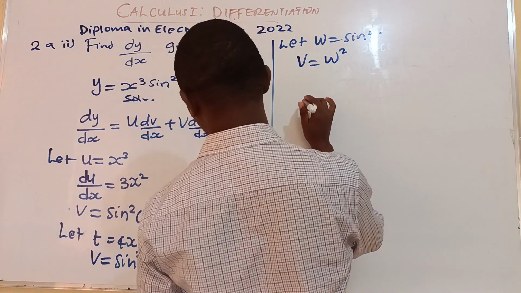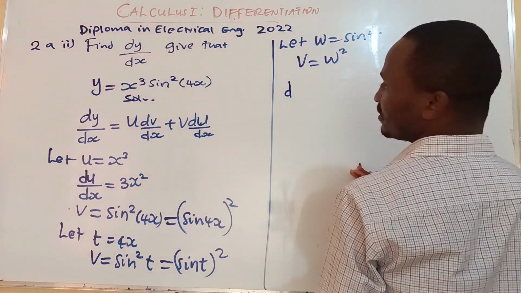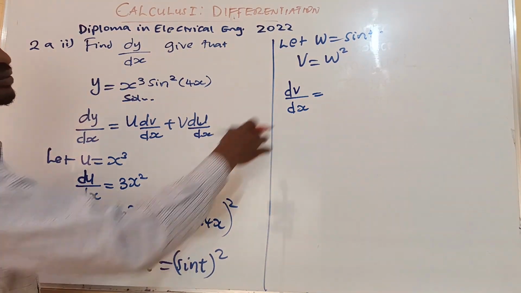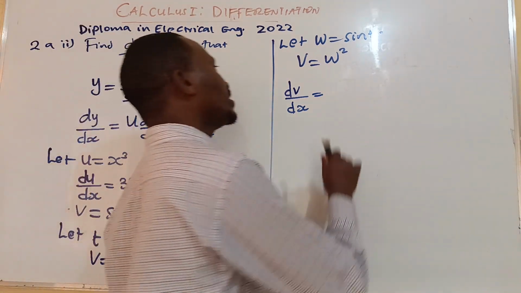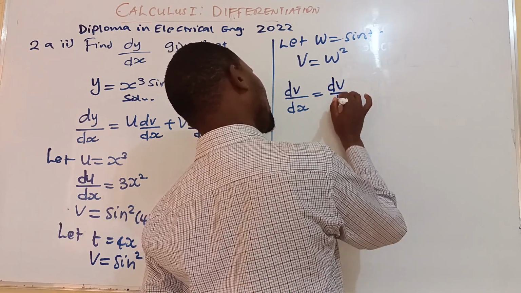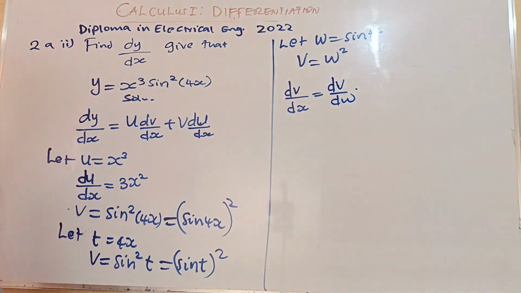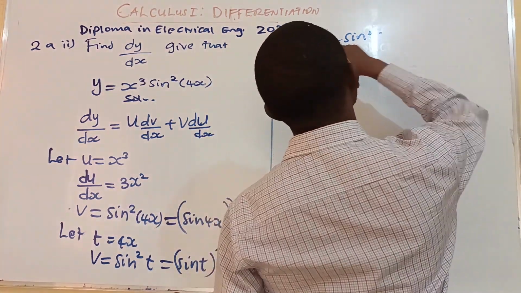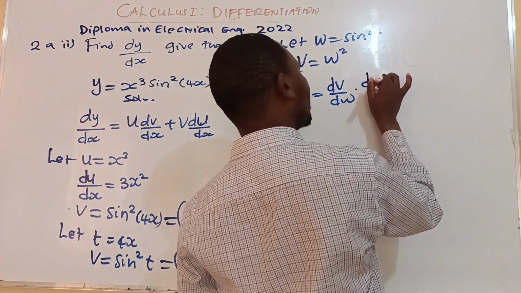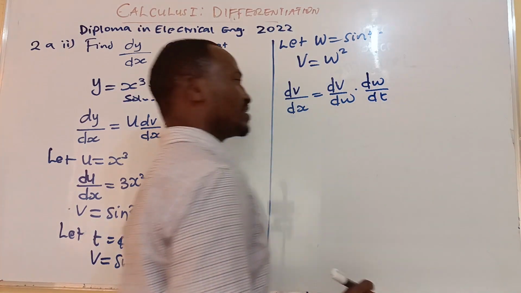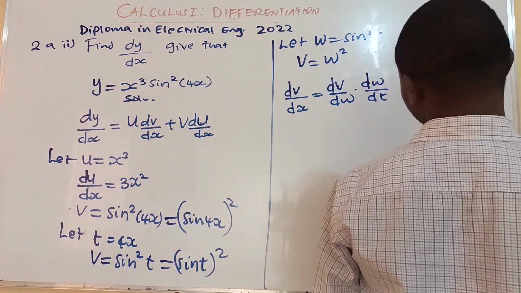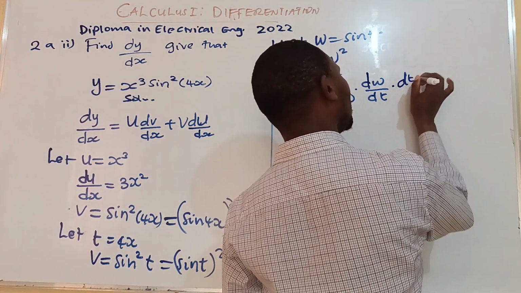Now, for the derivative of v with respect to x, we will start differentiating from the outermost. v is a function of w, so we differentiate v with respect to w. Then we differentiate the next, w equal to sine of t, meaning w is a function of t, so we get the derivative of w with respect to t. And then, third, we have t equal to 4x, so we get the derivative of t with respect to x.